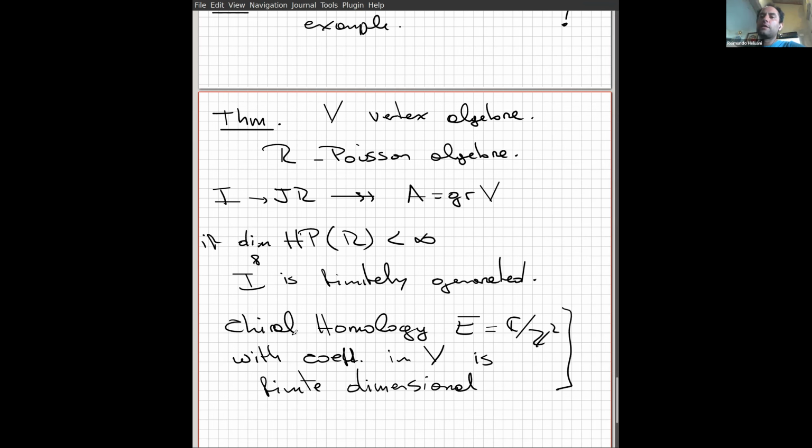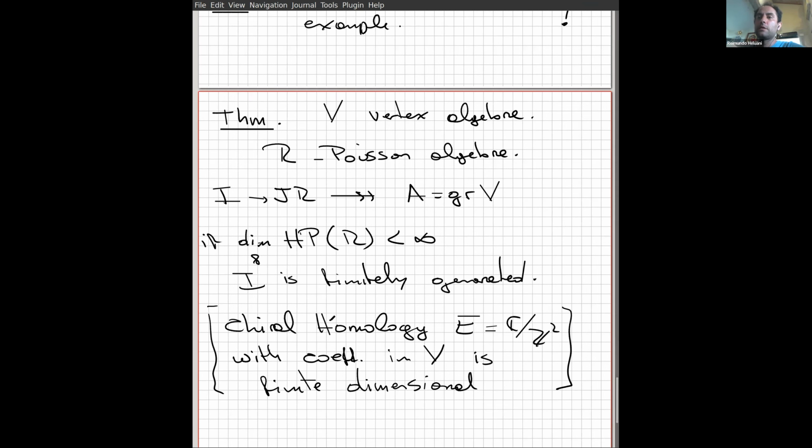You should take this as some generalization of Joux's theorem. The chiral homology in degree 0 is conformal blocks. And Joux's theorem says that if R is finite dimensional, so that V is C2 cofinite, you have finitely many conformal blocks. Actually, you can strengthen that.